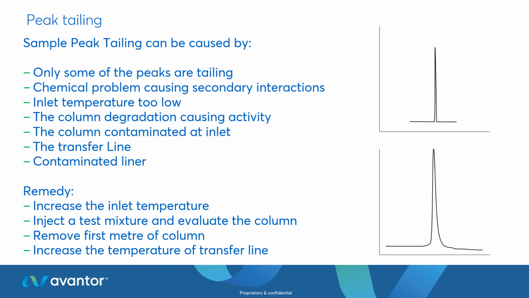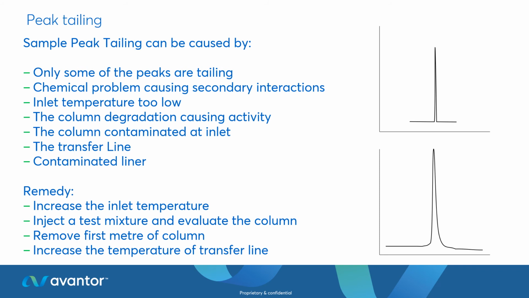In terms of peak shapes, peak tailing is also problematic, and having a good indication of which peaks are tailing can be very useful in determining the root cause here. So if only some of the peaks are tailing, then it's probably a secondary chemical interaction that's occurring, and this may exist where we're looking at quite polar analytes that can interact with some of those siloxane surfaces in a different fashion.